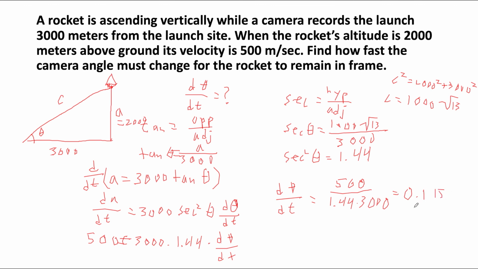And in terms of units, we're looking at theta over t, so that is angle over time, which means it's radians per second. And that covers it for related rates.